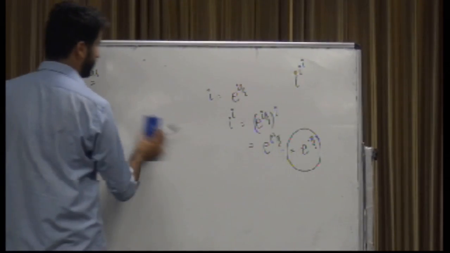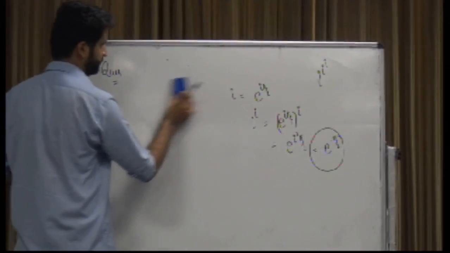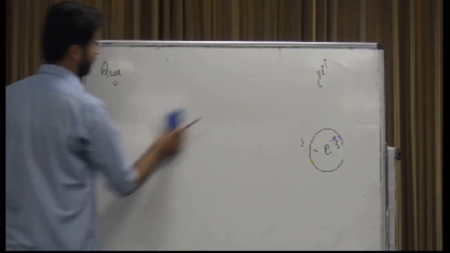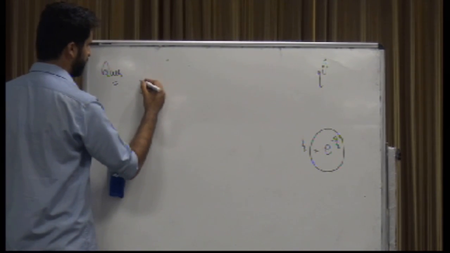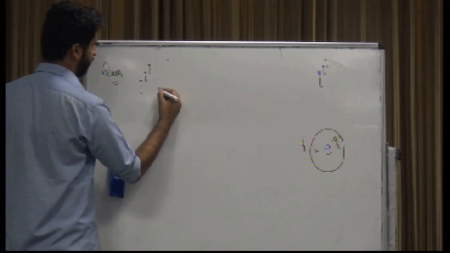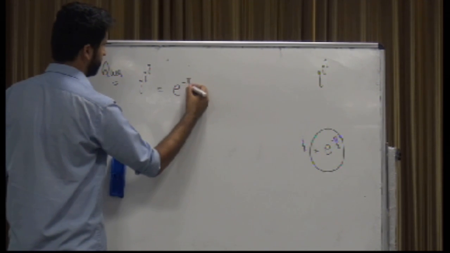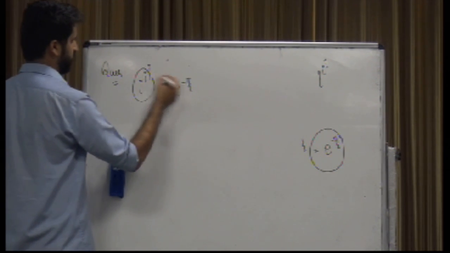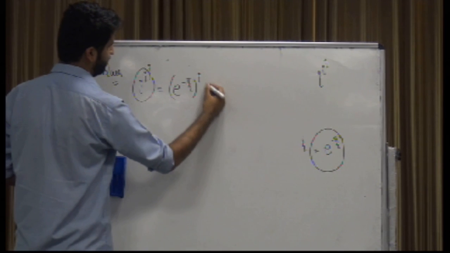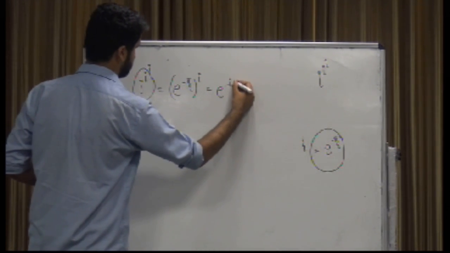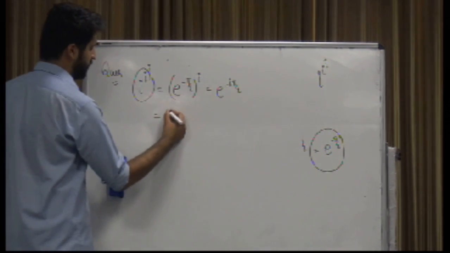So in case of iota to the power iota to the power iota, we get e to the power minus pi by 2 to the power iota, which is e to the power minus iota pi by 2, which is a complex number.